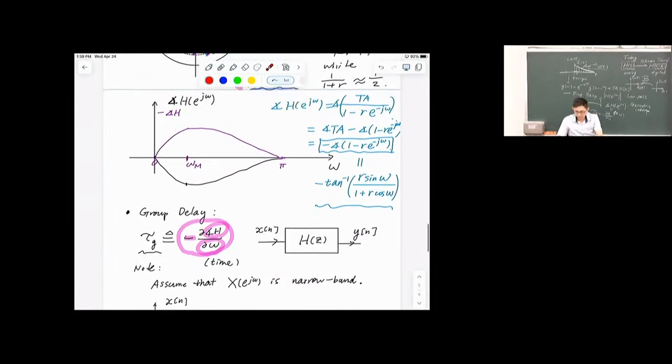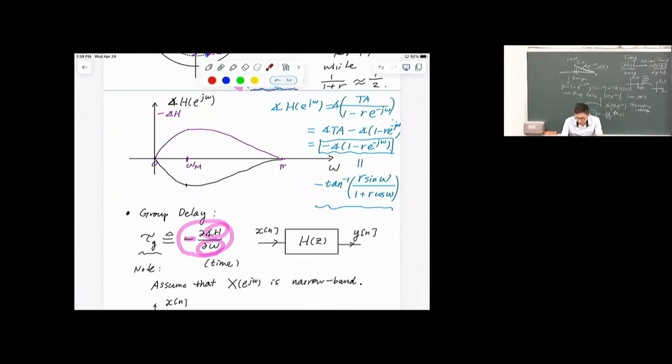So if we just plot the group delay, let's say tau g, in general, it's going to be a function of frequency. So this is pi.